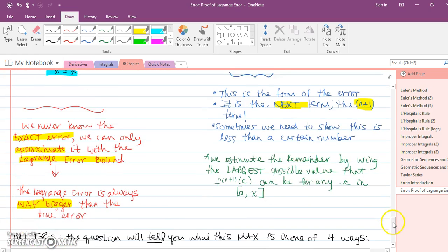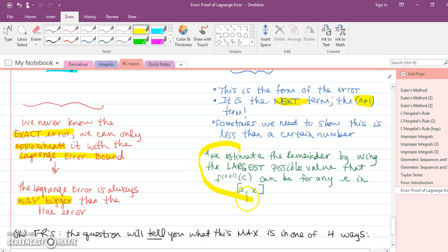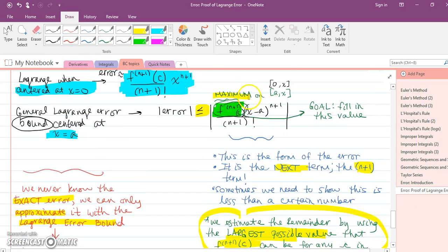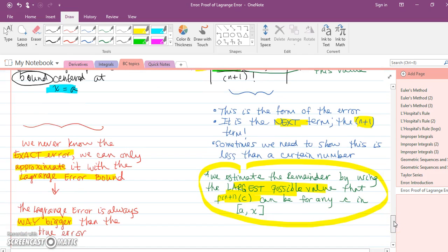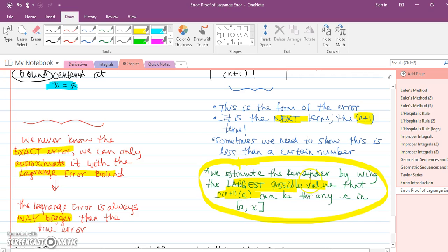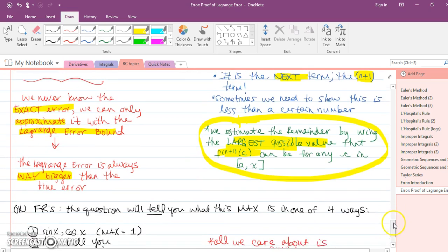And put a star around this one because this is really important. You estimate the remainder by using the largest possible value that this can be for any c in 0 to x, which is why I put maximum right here. So pause and get all those notes down so we don't have to write them in class and you already have it. Now, if you're confused about any of this, which I'm sure some of this is a little bit intimidating, we're going to go through it and explain how it's applied in free responses.